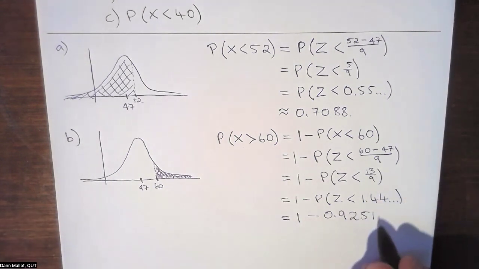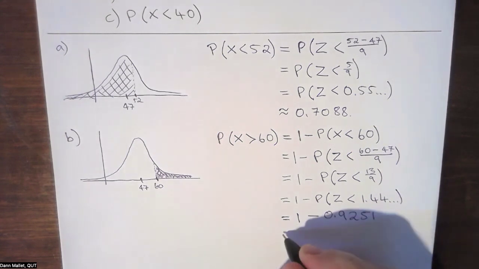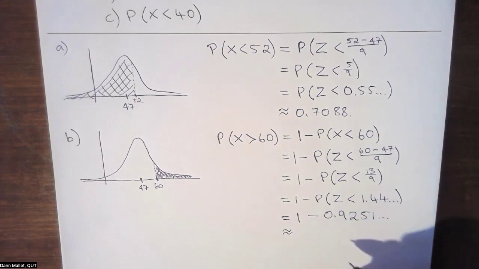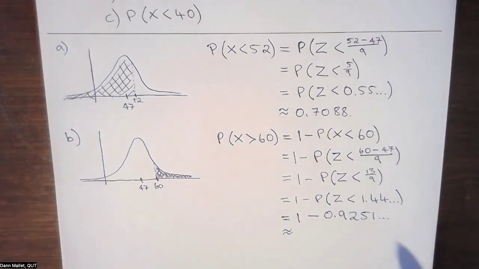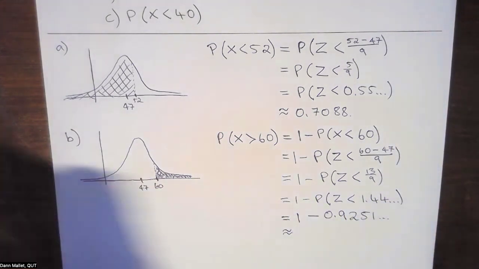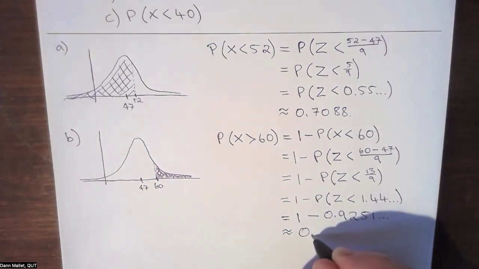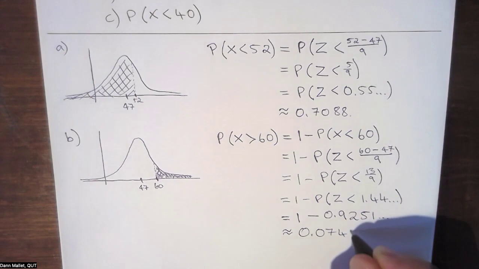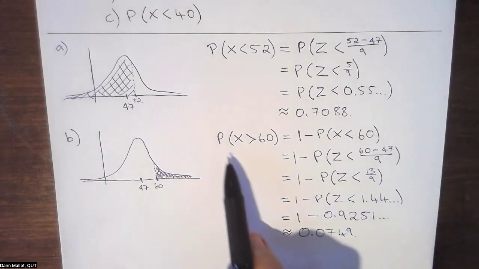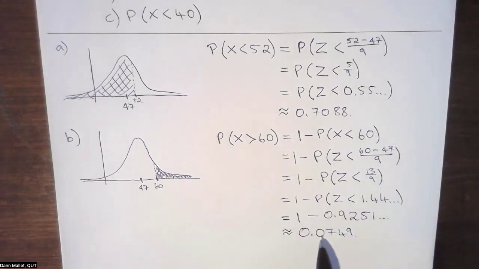And remember, that's a truncated, a rounded off value, so we're approximating there, and this will be an approximate response. We do that subtraction, and we get an answer of 0.0749 approximately. So the probability that x is greater than 60 is around about 7%.